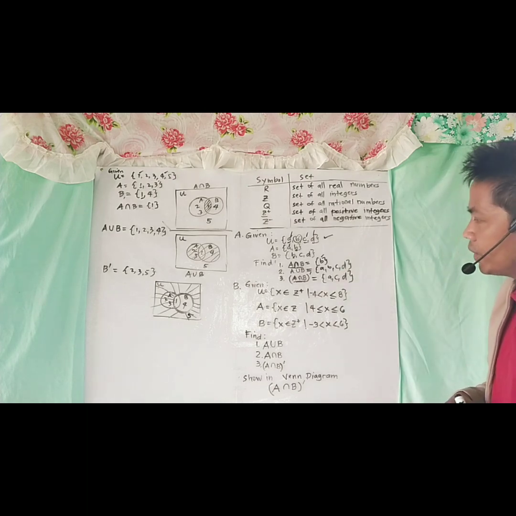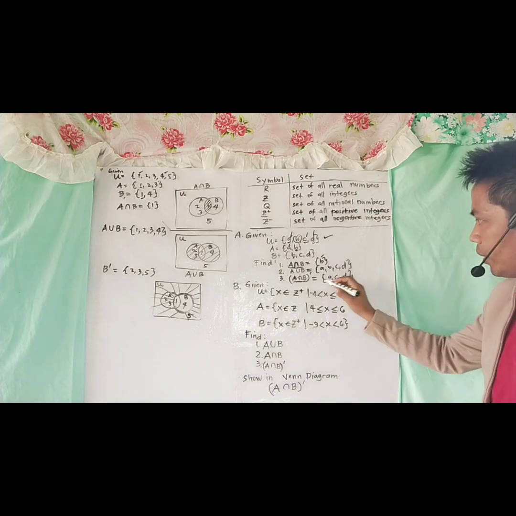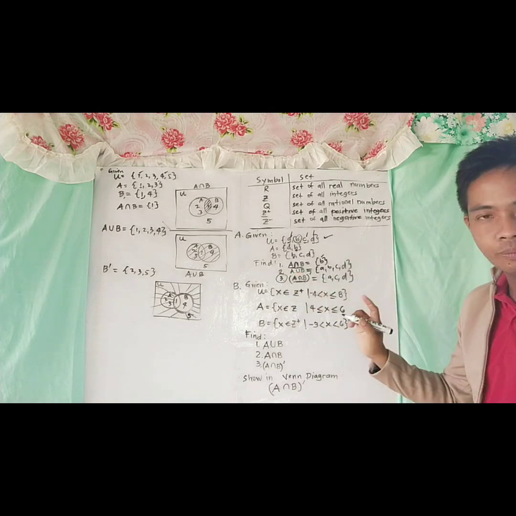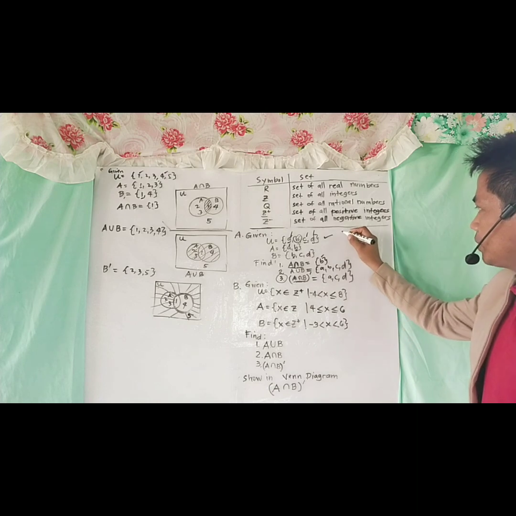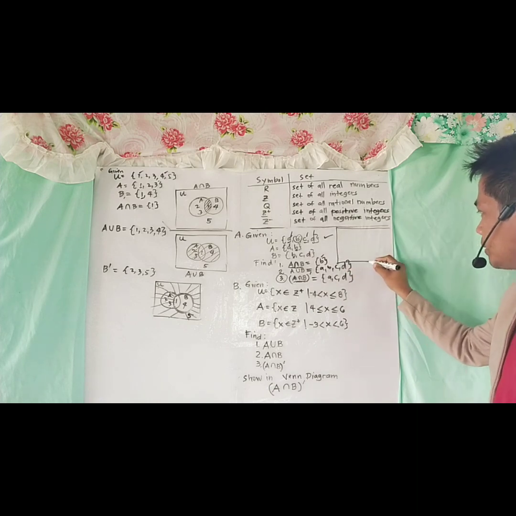Okay, for us to understand, let us first draw this in a Venn diagram for number 3 to make it clearer. So we have the universal set.